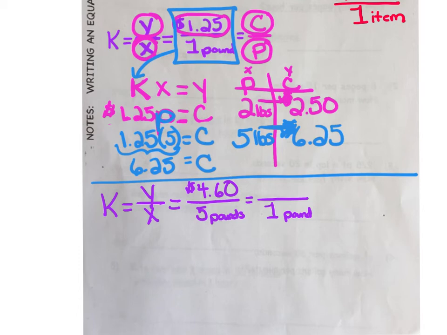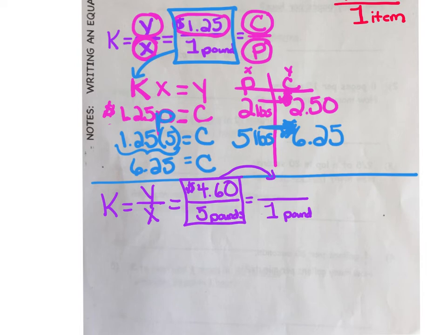Let's take a look. We need to take 460 and divide by 5 pounds in order to get our unit rate. Grab your calculator and punch in 460 divided by 5.